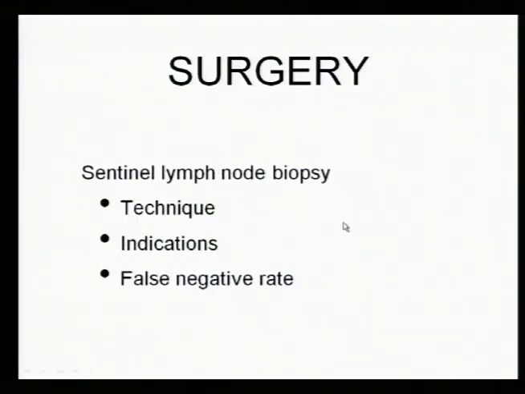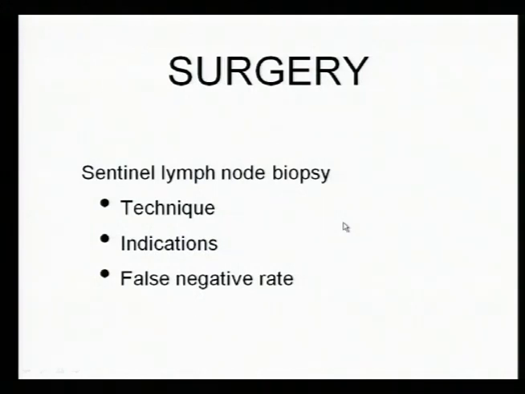When we do breast surgery for breast cancer, especially with an invasive breast cancer, we also want to assess the lymph nodes on that side to see if any of the breast cancer cells have spread into the lymph nodes in that axilla.